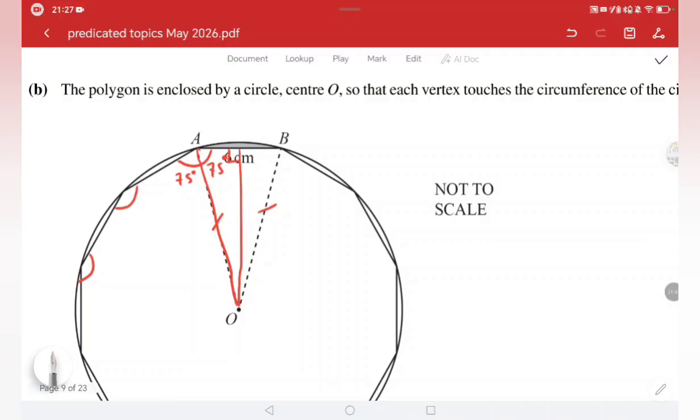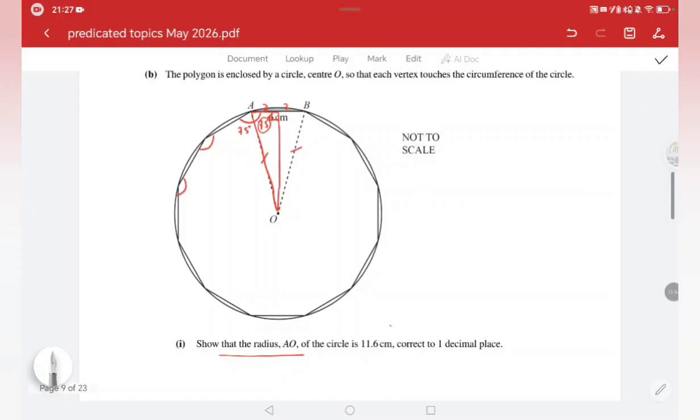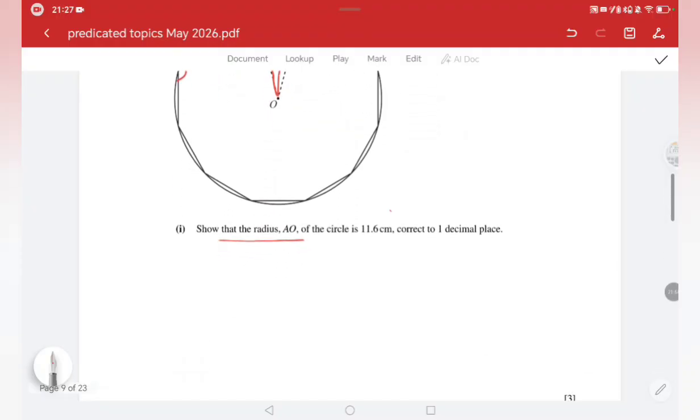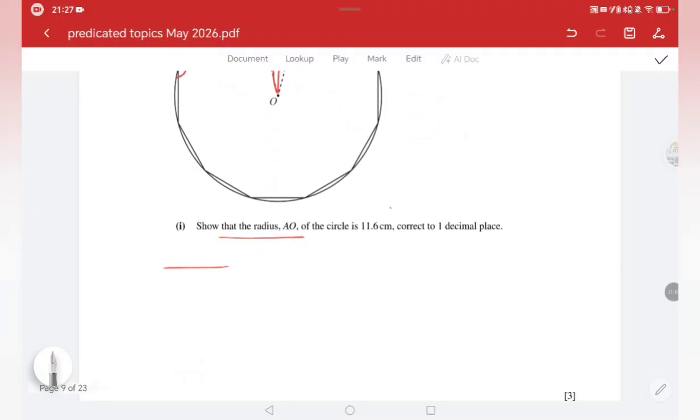Now since we have an angle involved in this question and we need to find this side, and this side now is 3 because the full side is 6, so this one is 3 and 3. Let me draw it here. So this one is 3 centimeters, this one 75, and this is OA, what we need to find.